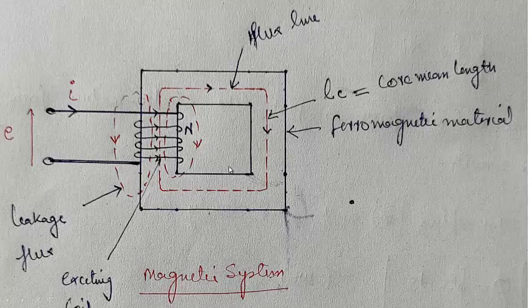As we know that for an electric circuit, resistance tries to oppose the flow of current, and current will try to flow through the least resistance path. So by using the same analogy, there is a term known as reluctance which opposes the flow of flux, or we can say which opposes the passage of flux.